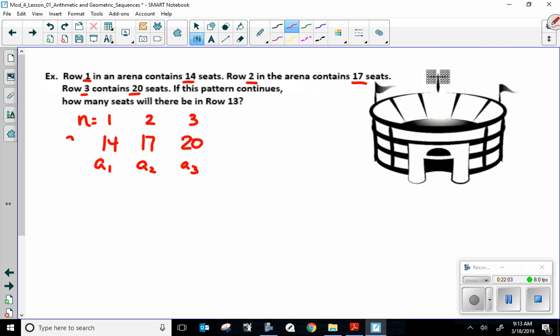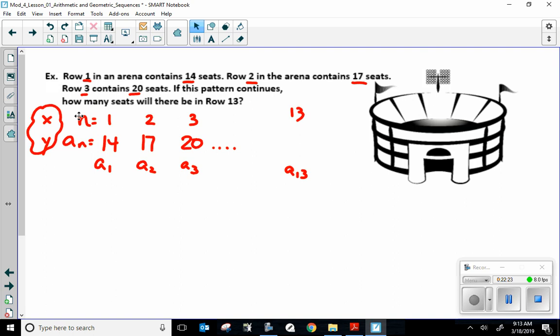All right? This would be A sub n. It's like X and Y, if you will. Now, so forth. I can do this until I get to 13, which is A13, with a calculator. Because it looks to me like this is an arithmetic sequence.